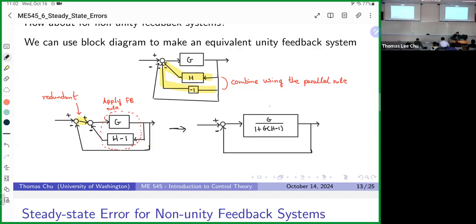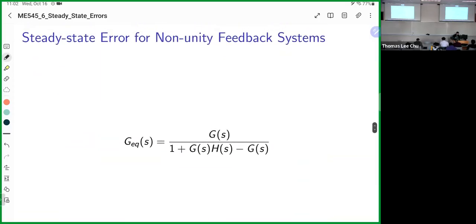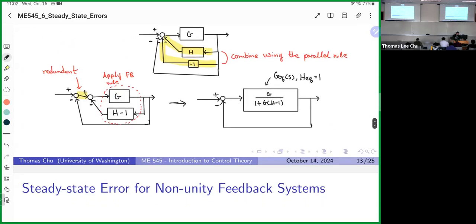So now that we have this, called G equivalent, we have H equivalent equal to 1, and then we can apply it to the equations from the previous page. This is the final expression for it, and that's the goal. Now we can just apply it to one set of standard equations.